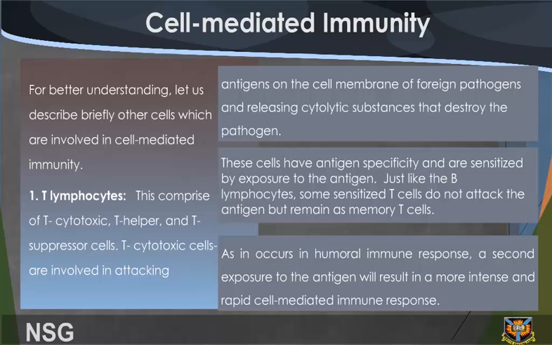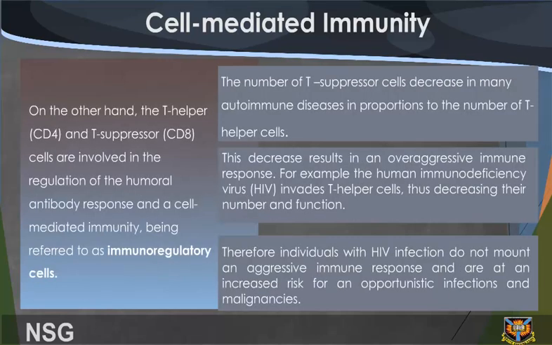rapid cell-mediated immune response. On the other hand, the T helper CD4 and T suppressor CD8 cells are involved in the regulation of the humoral antibody response and cell-mediated immunity, being referred to as immunoregulatory cells. The number of T suppressor cells decreases in many autoimmune diseases in proportion to the number of T helper cells.